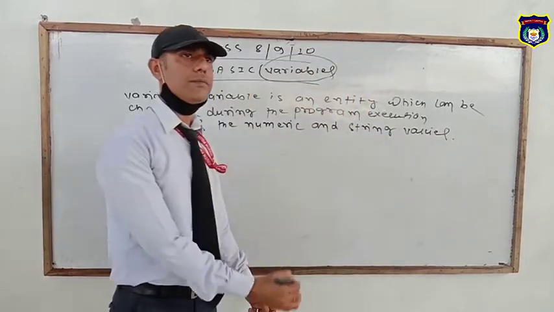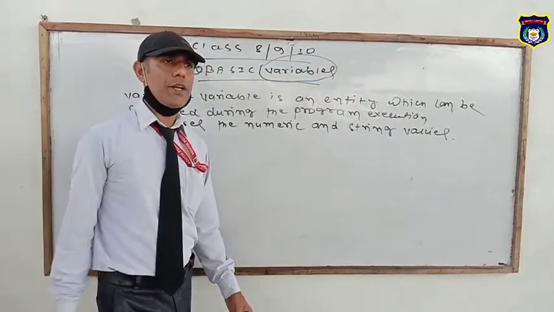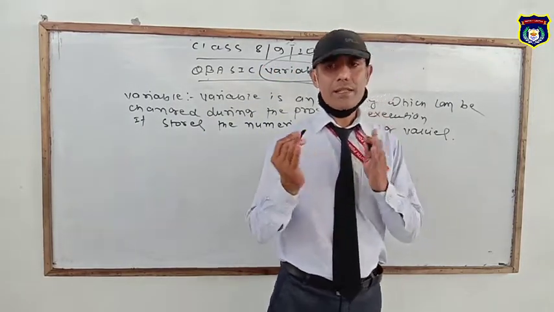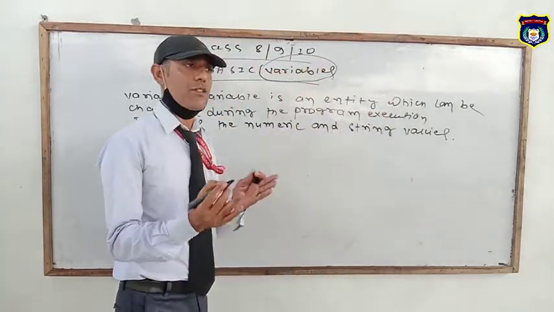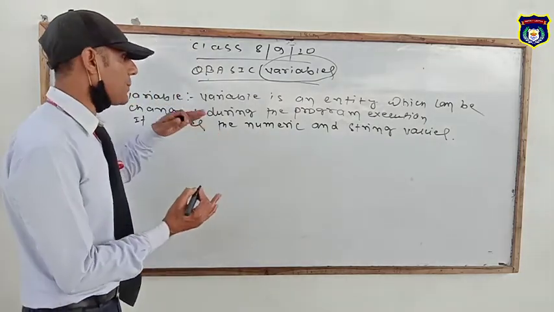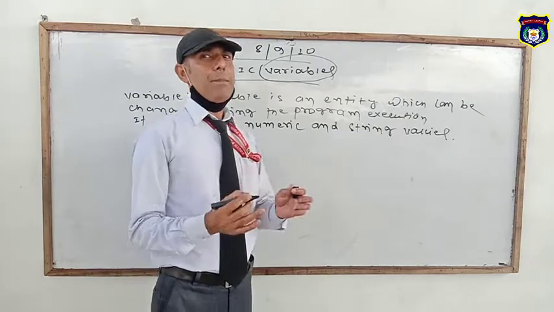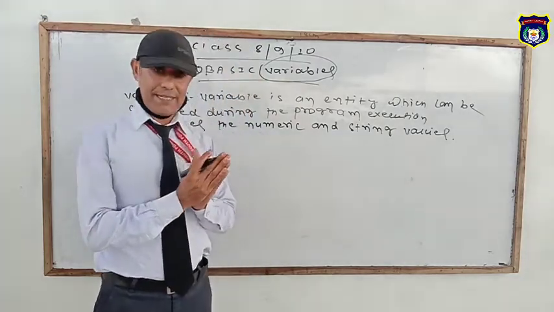Basically, two types of value. One is the numeric value. Numeric values means numbers. That means telephone number, salary 4,000, 2,000, 100, 200, roll number, all are numeric values. That means only numbers. And string values means the collection of characters.